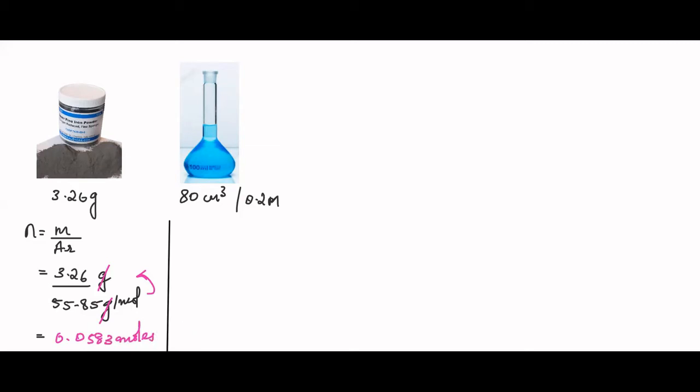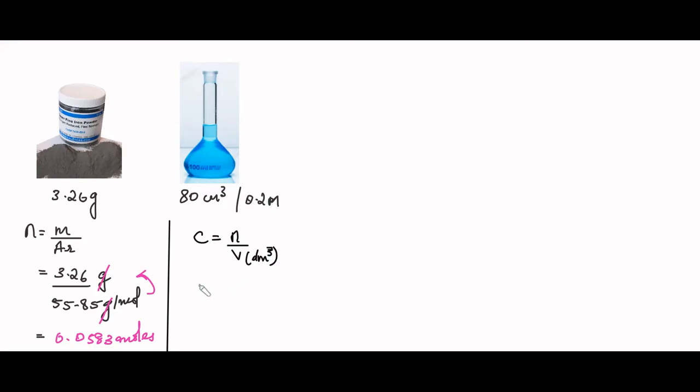Now we need to find out how many moles of copper sulfate there are. For that, we will be using the formula for molarity: concentration is equal to number of moles over volume of solution in dm³. Just to be careful, it's not in cm³, we want it in dm³.